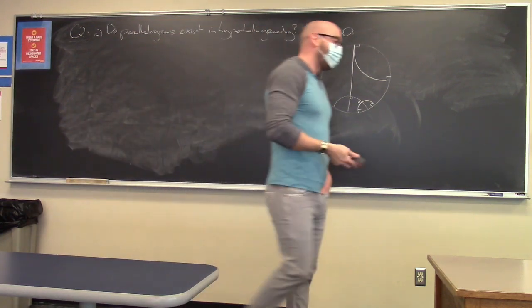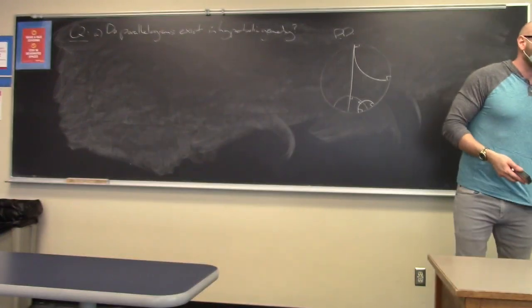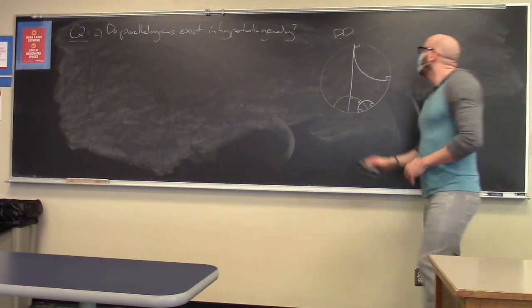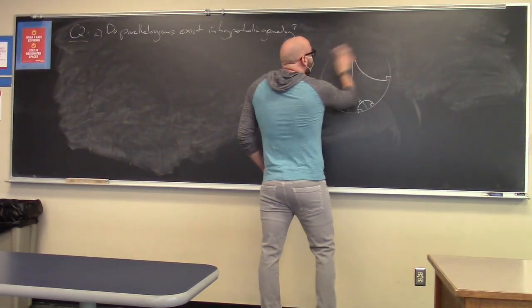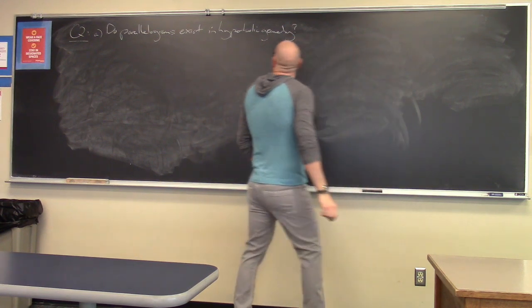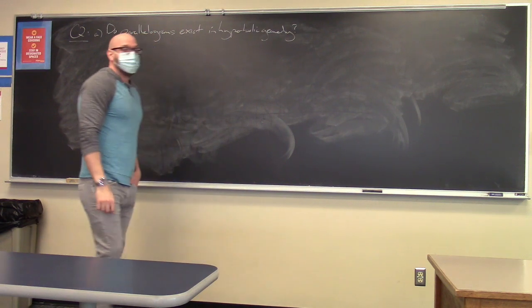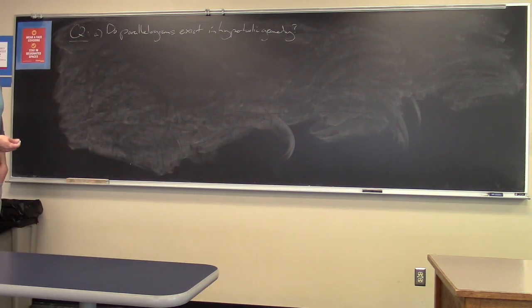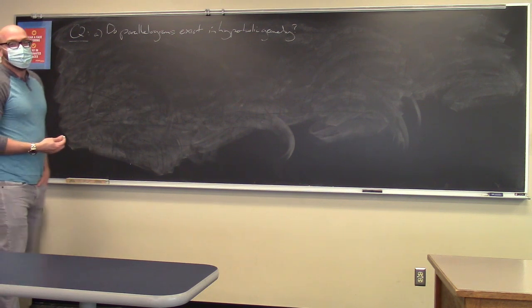So I know parallelograms exist in Euclidean geometry, right? They're quadrilaterals where opposite sides are parallel to each other. And we've done other things like this. For example, you proved for homework that even though rectangles don't exist in hyperbolic geometry, rhombuses do. So a very similar question, do parallelograms exist?